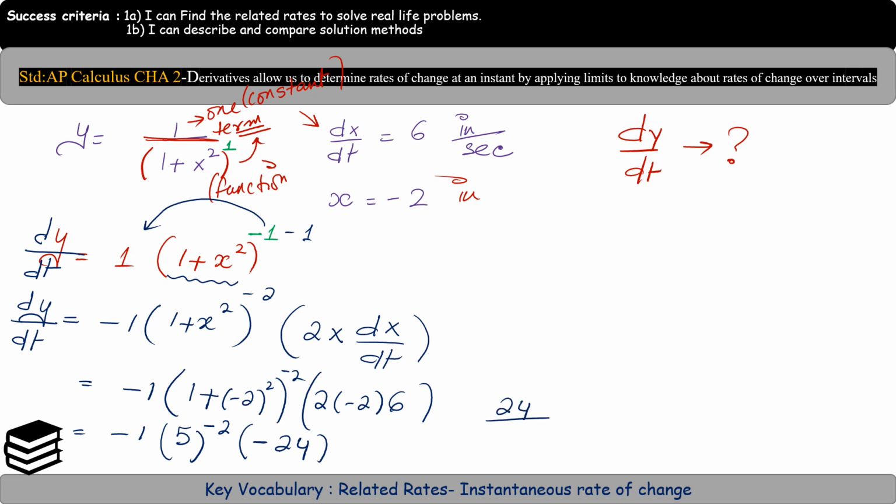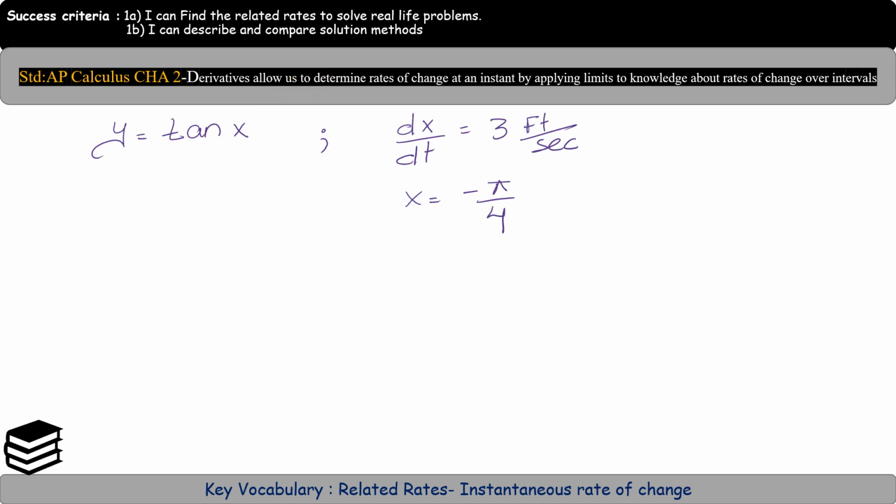And 5 to the power -2 goes in the denominator as 25. So dy by dt equals 24 over 25. If calculators are allowed, then write the whole equation in the calculator to get the answer.